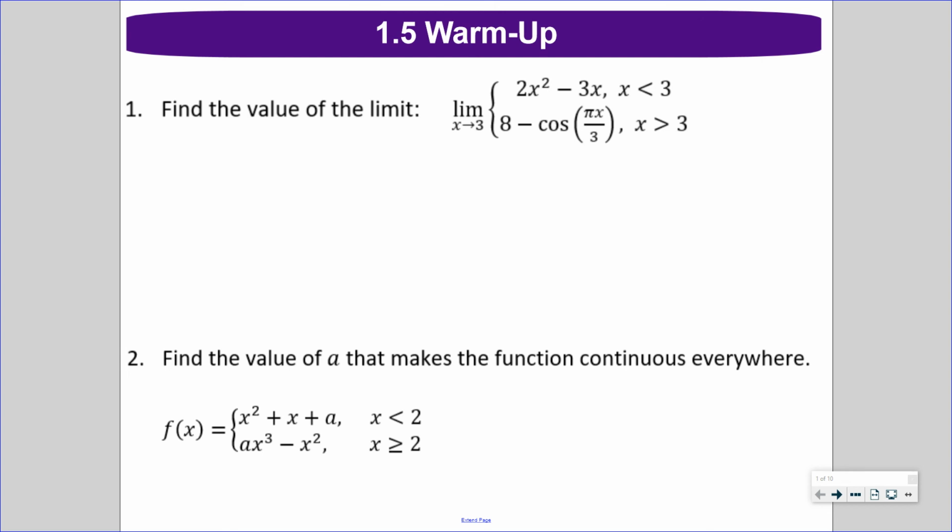My hint to you on the first one is because we have this break in the graph at 3, you've got to look at the left and the right hand sides. We try to break this up into two: the limit as x approaches 3 from the left, and the limit as x approaches 3 from the right.